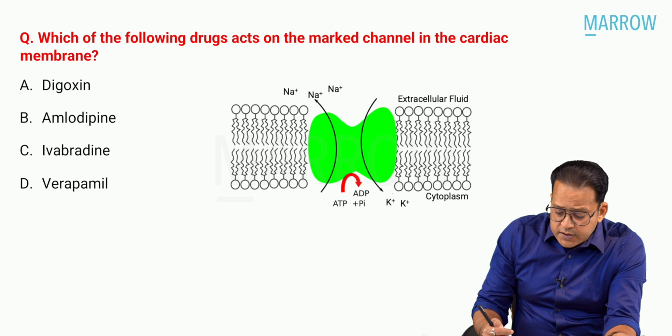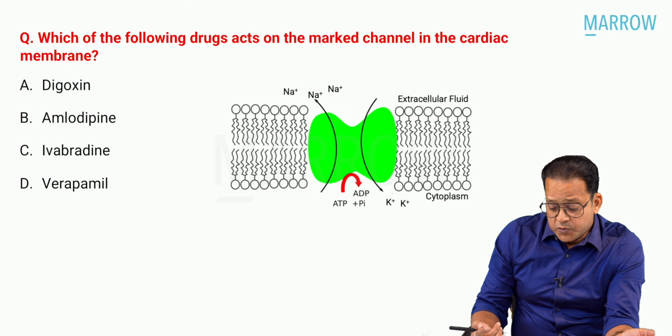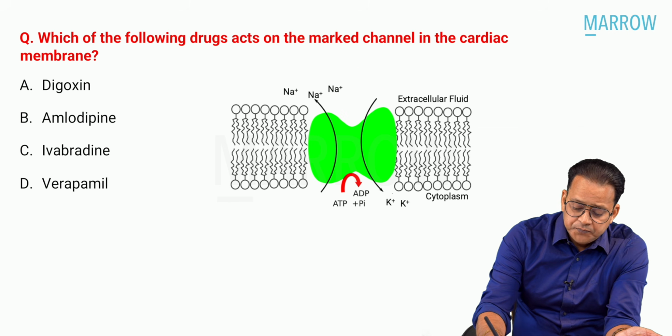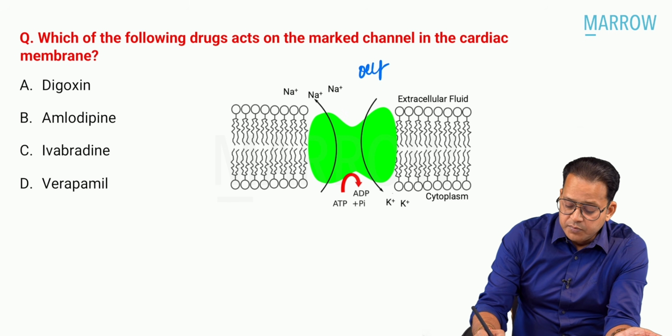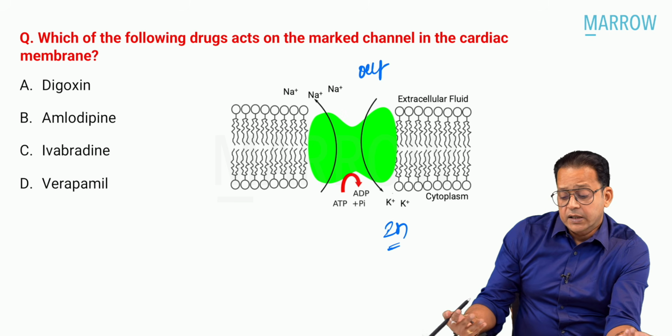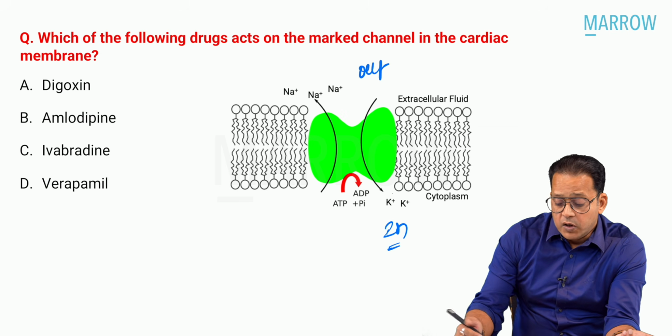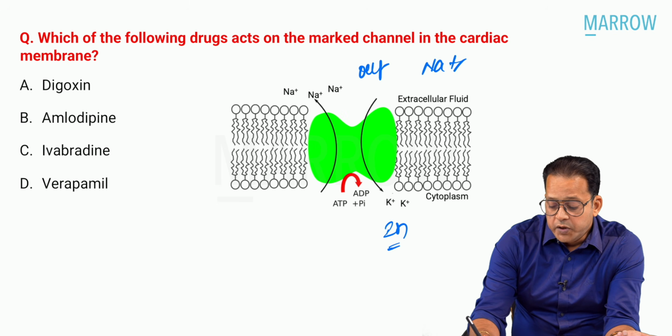All right, guys, you can see here, which of the following drugs acts on the marked channel in the cardiac membrane? It's not a difficult MCQ, guys. You can see sodium is moving out and potassium is moving in. So this is a reverse of depolarization, which is done by a pump called the sodium-potassium ATPase pump.